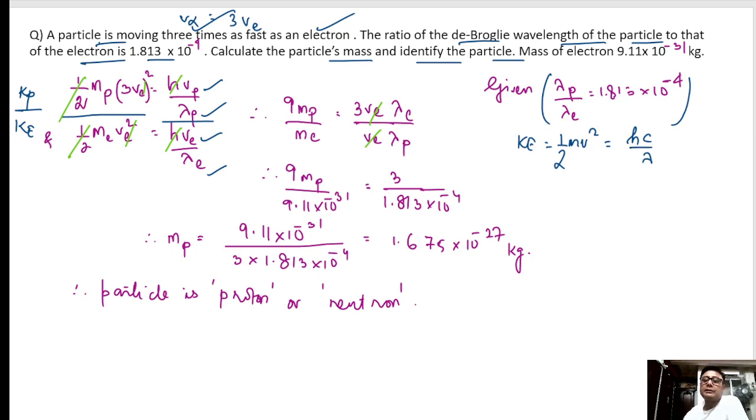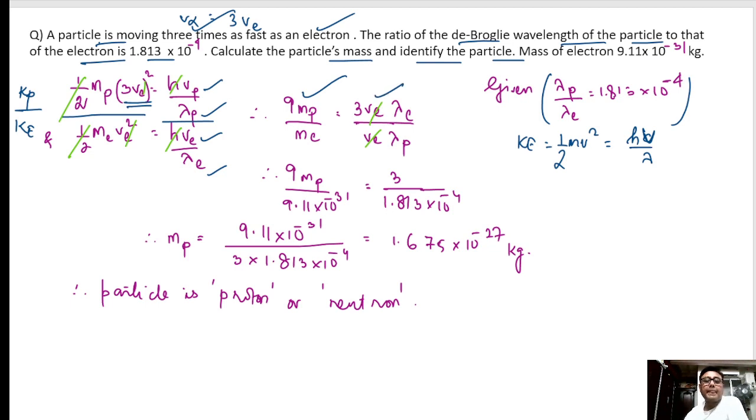Here c will be taken as v. So using this, half cuts, and the velocity of the particle is 3 times that of the electron, so 3ve square. So ve square will cut, and what remains is this.